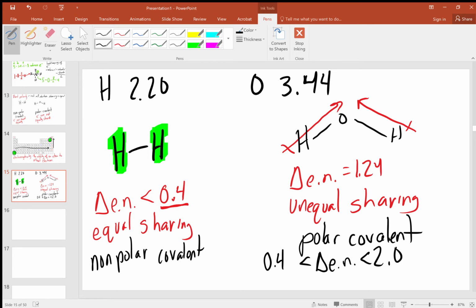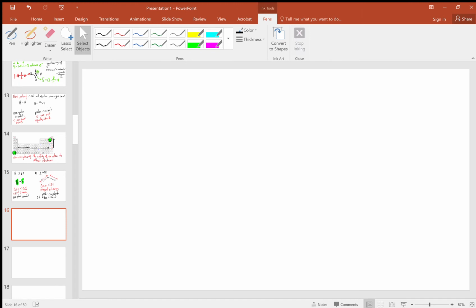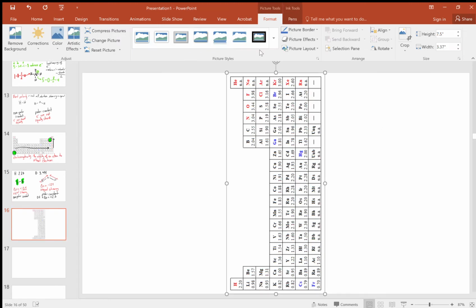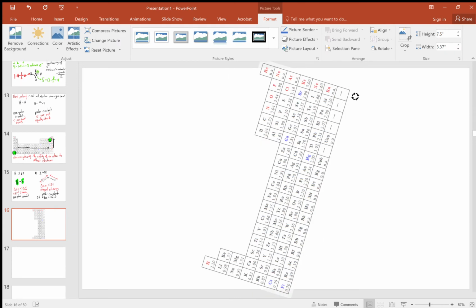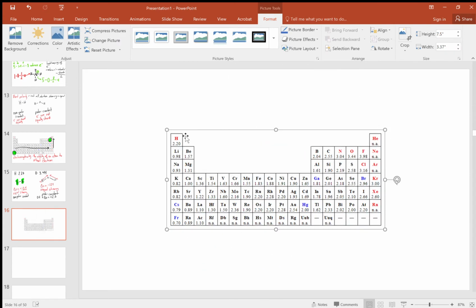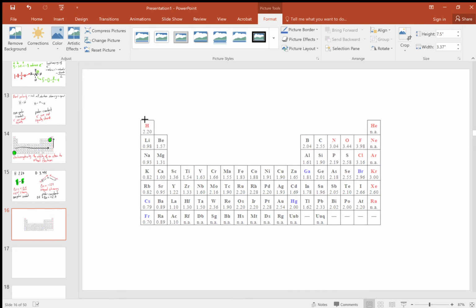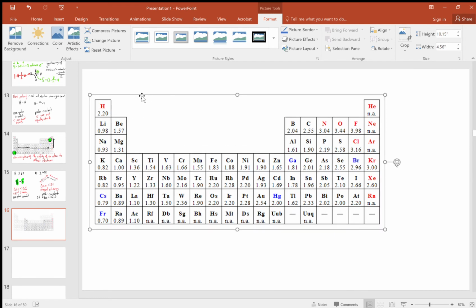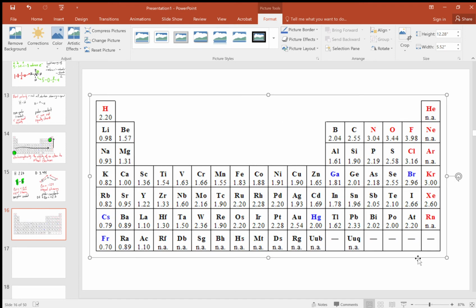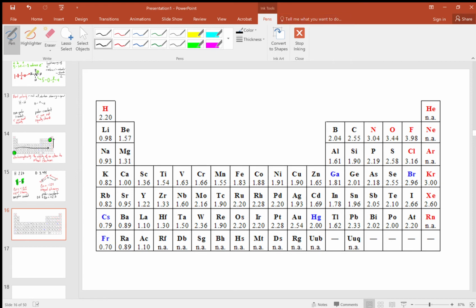Well, what if the difference in electronegativity is more than 2? Well, let's think about what it would take for that to happen. So think about it for a minute and see if you can find some pairs of elements that have a difference of electronegativity of 2 or more.